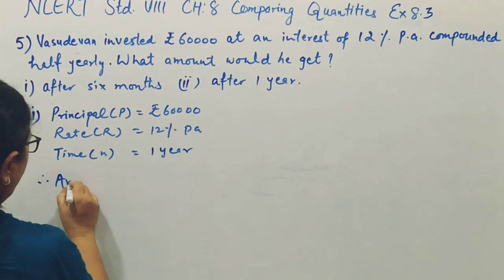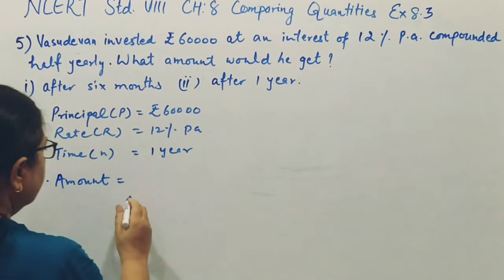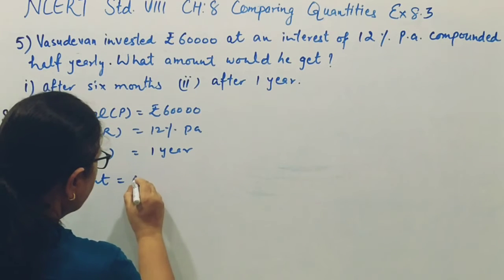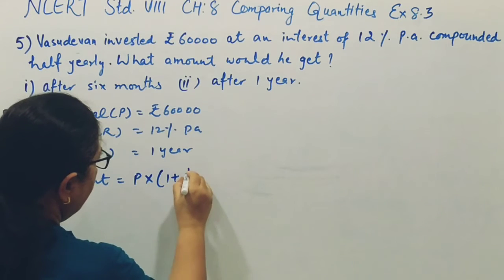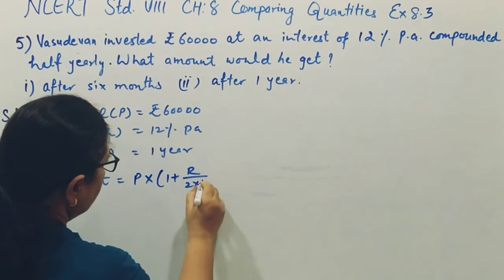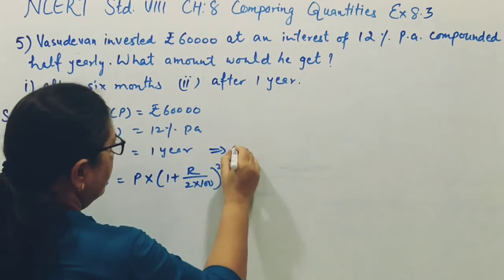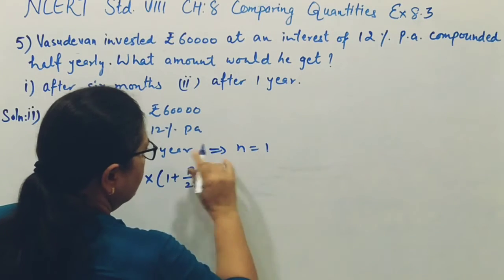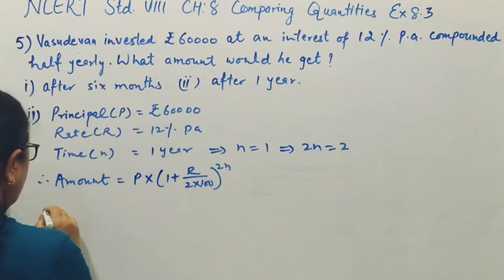Therefore, amount, since the interest is compounded half yearly, the formula is P into 1 plus R upon 2 into 100 raised to power 2n. Here n is equal to 1, which implies 2n is equal to 2.